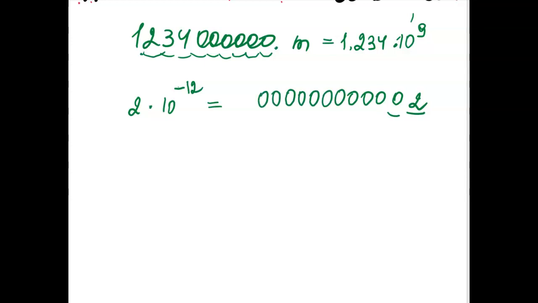So with 2, it has to be 12 spots here: 1, 2, 3, 4, 5, 6, 7, 8, 9, 10, 11, 12. This will be the decimal point, the new one here.